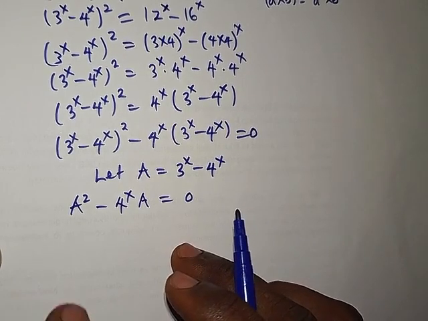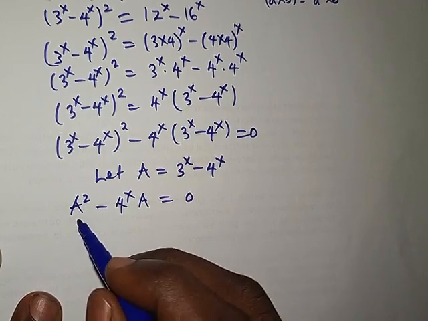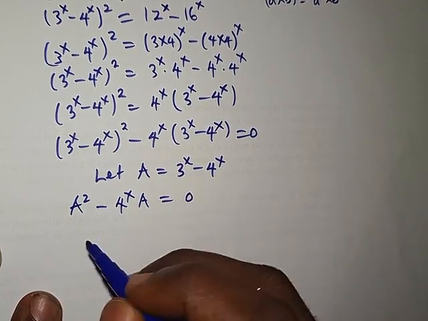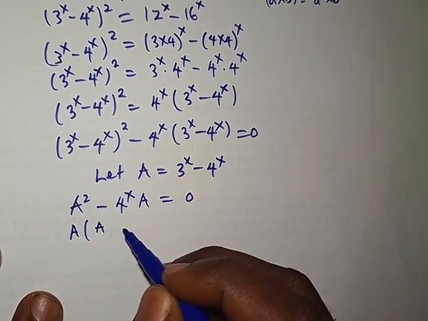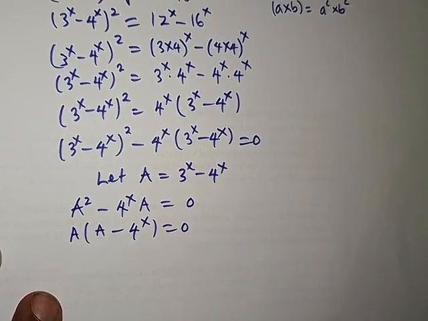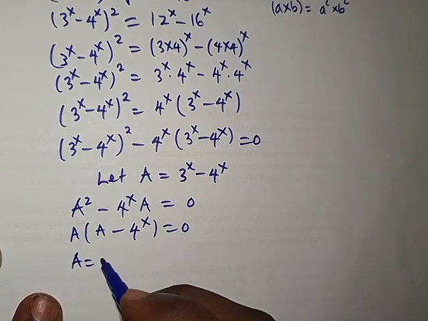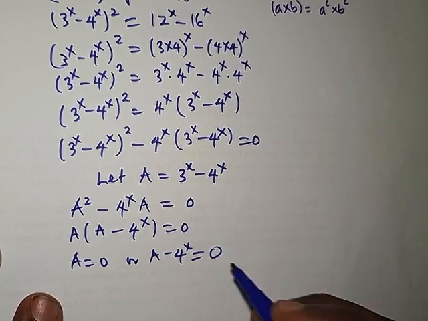So a is a common factor. I bring out a, left with a minus 4 to the power x, and this equals 0. Are you following? So now we can see that a equals 0, or a minus 4 to the power x equals 0.